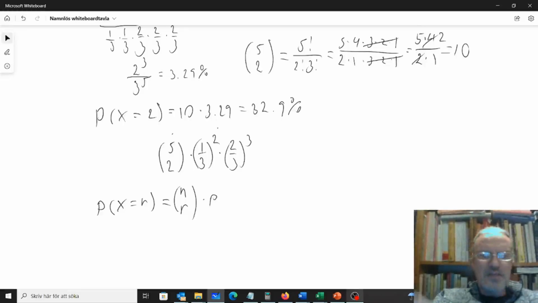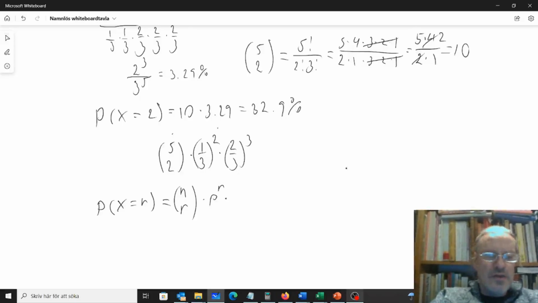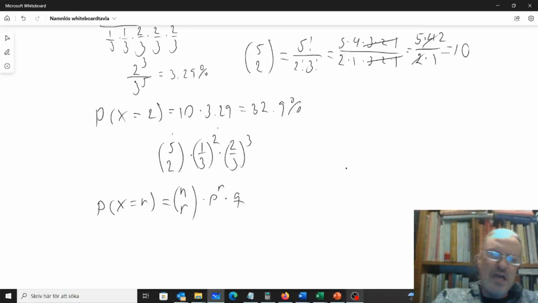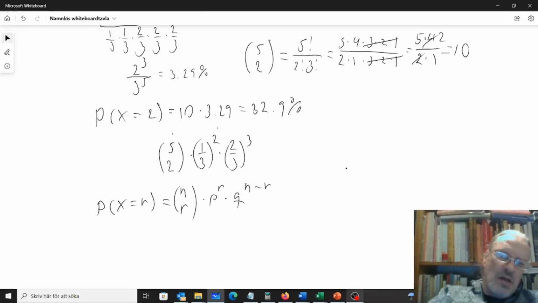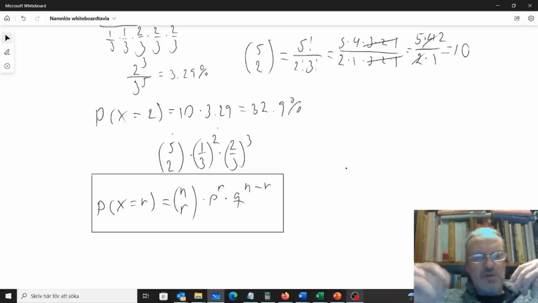The probability to get a success to the number of successes we have, times 2/3, that corresponds to q now, the probability to get a fail, to the power of that number, and we can see that 3 is 5 minus 2, in other words, n minus r. And this, my apprentices, is the binomial distribution formula.